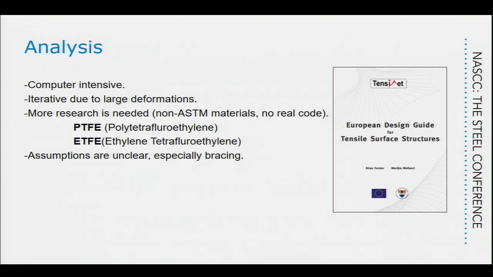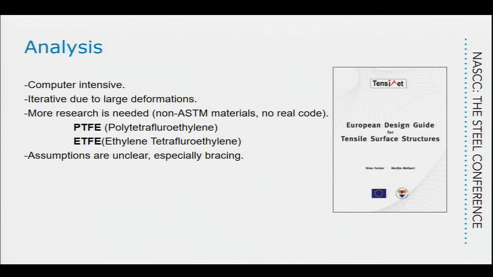And part of the problem is that right now, all of the membrane materials that are out there are driven by specific manufacturers. In other words, you have to get a catalog, get their properties, input them into your analysis program, and use them to design. With steel, it's a little different, right? We have A36 steel, and regardless of who makes it or where they make it in the world, you can be fairly confident that you're going to get the steel that you specify.